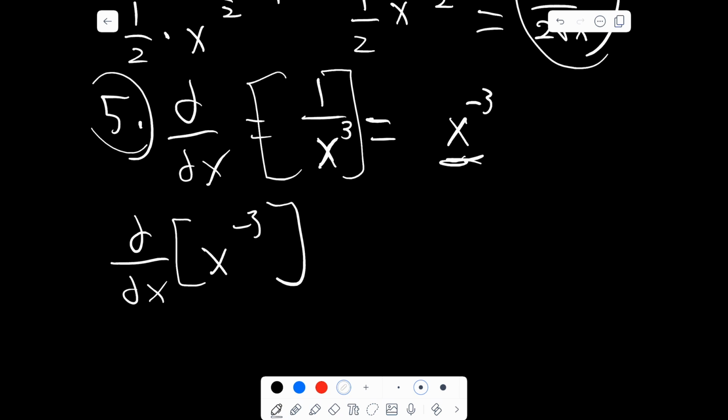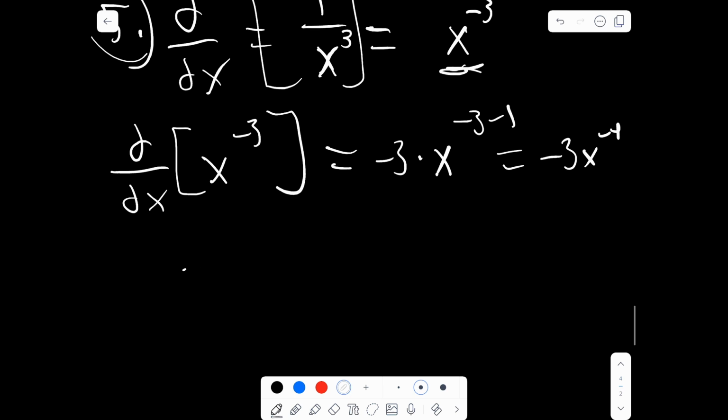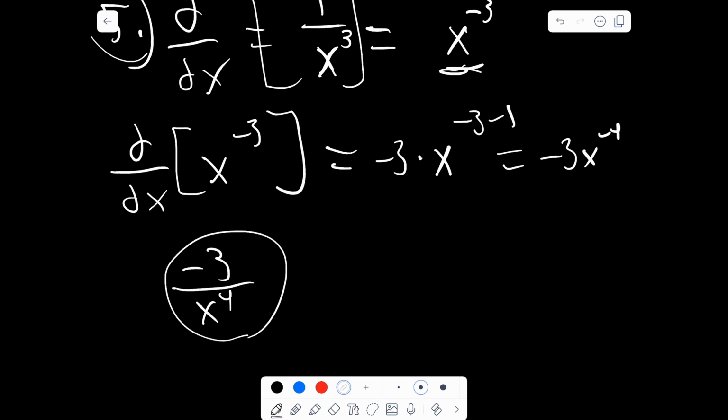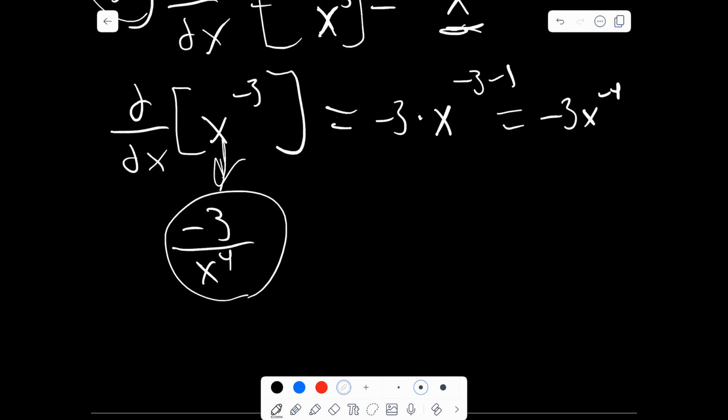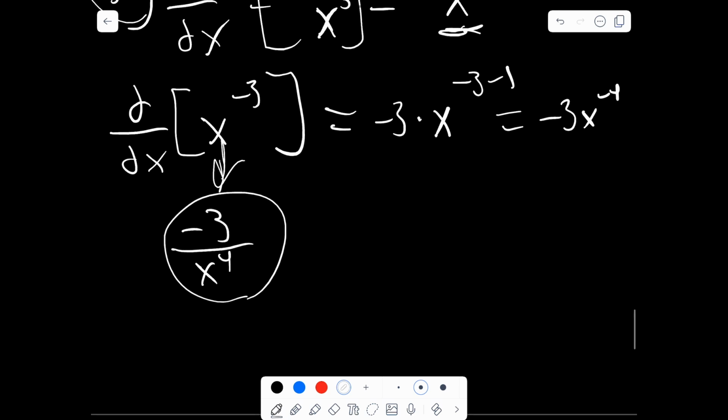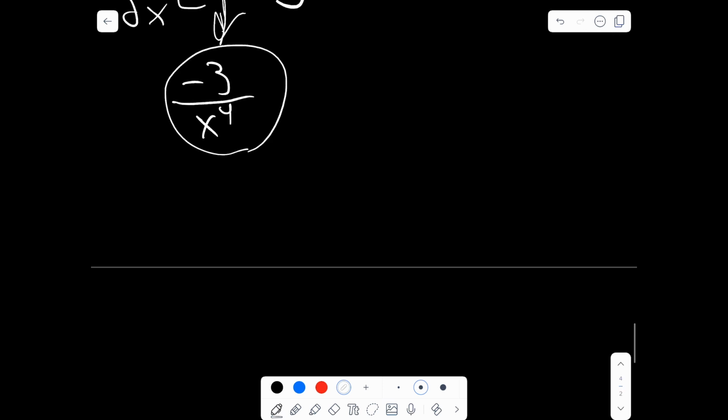Well, we bring the negative 3 down, multiply it to the x, and then lastly do the negative 3 minus 1, and we are left with negative 3 x to the negative 4, which again could be rewritten as negative 3 over x to the 4. That's our answer. It's all very, very simple with practice. It may not come easy for you. That's totally normal.